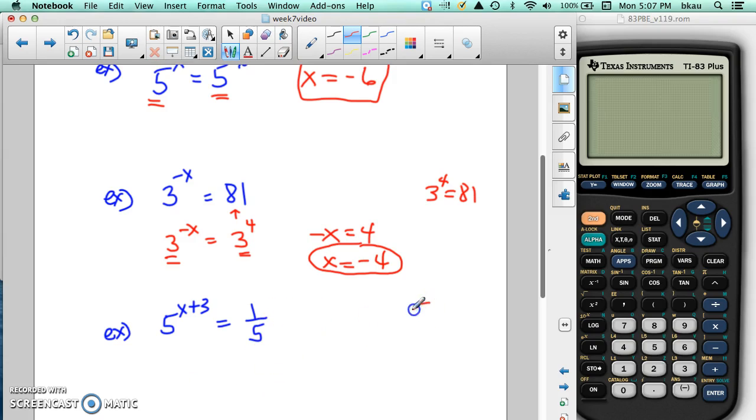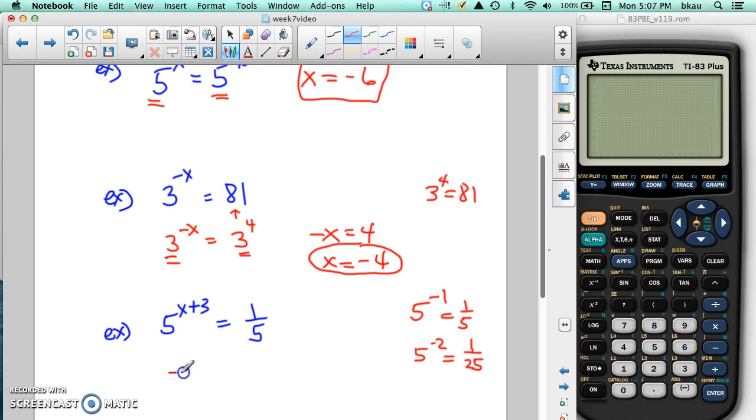So 5 to the negative 1 power is 1/5. It's a reciprocal of this raised to that power, which is to the first power. So 5 to the negative second is 5 to the second, which is 25, and then the reciprocal, which is 1/25. So it's the same thing, but we're going to take the reciprocal of that number.